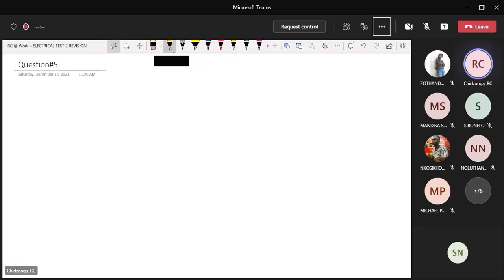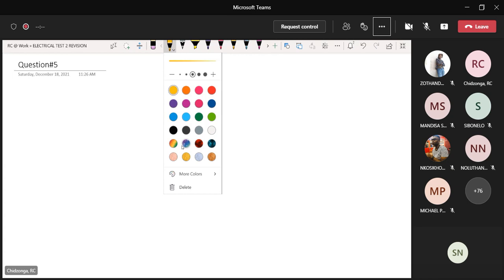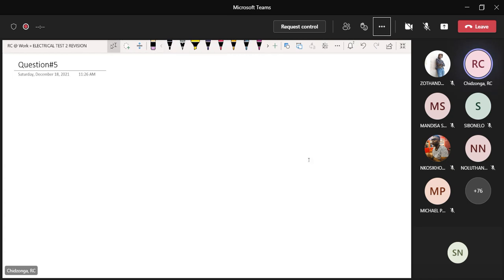All right. You are going to draw a star connected source. The source is star connected, so we can start drawing it.